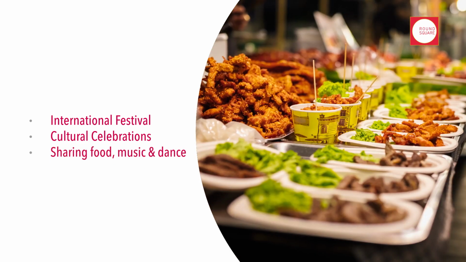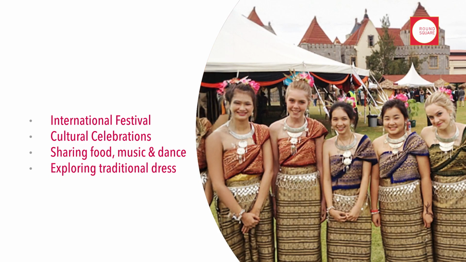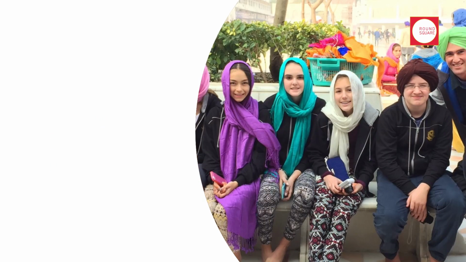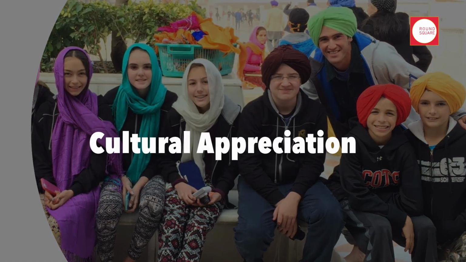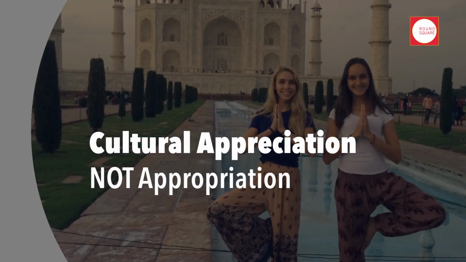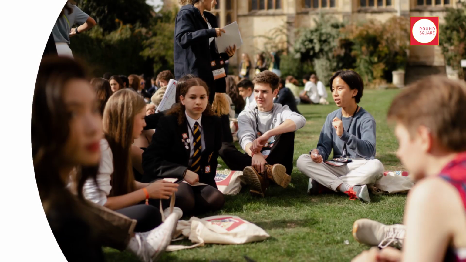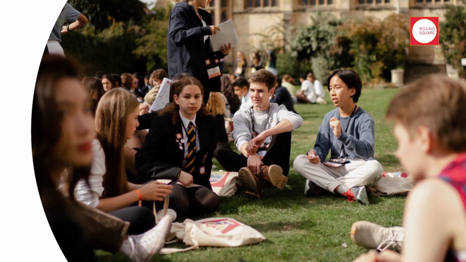Usually, this involves food, sharing national dishes, exploring traditional cultural dress, and enjoying a wide variety of music and dance from different cultures around the world. International days or weeks aim to promote cultural appreciation whilst avoiding cultural appropriation. They celebrate diversity, often focusing on those cultures and nationalities represented within the school.